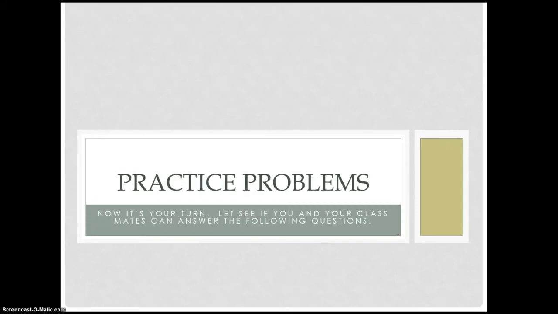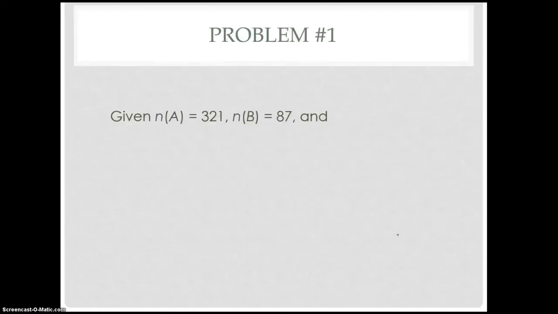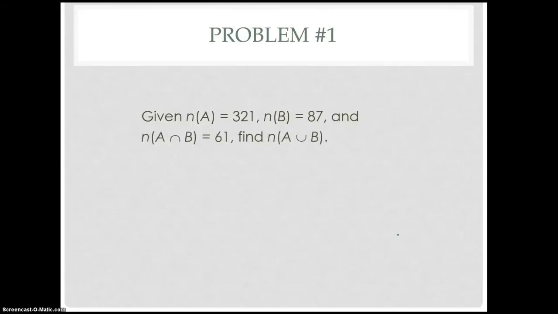So here are some practice problems. I'm going to go through them, and then you can check my website for the answers. Problem 1 is this. I would like you to find the cardinality of the union of those sets, A and B. Draw a Venn diagram, or use the formula.